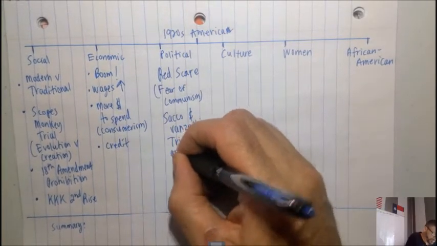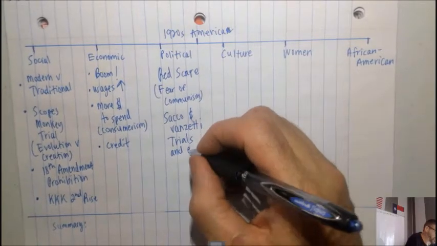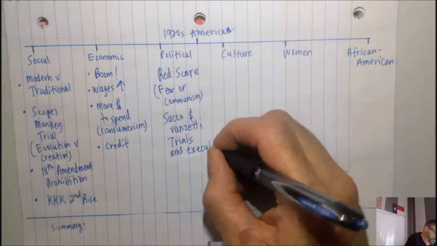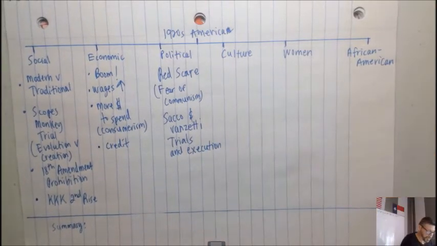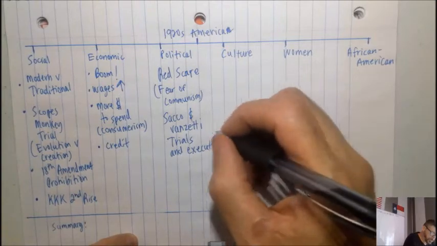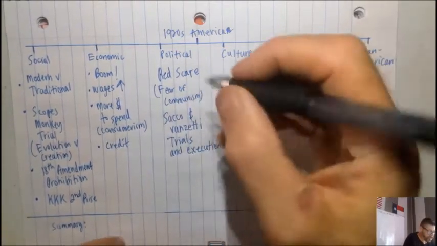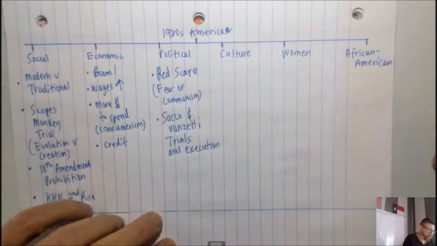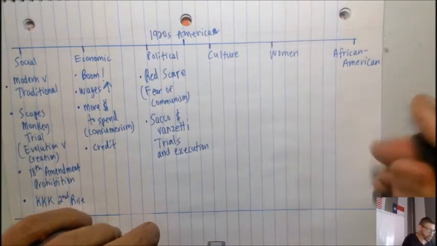We'll learn about that later. But a lot ties in with political on that because of the fear of communism. So that just gives you an idea of some political things that you could have put on your tree map from after your 1920s lesson.